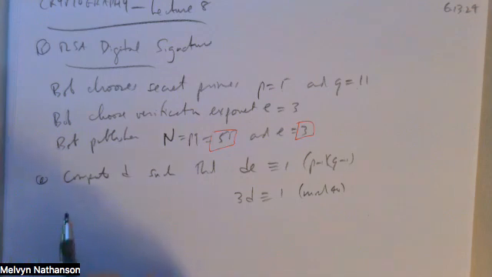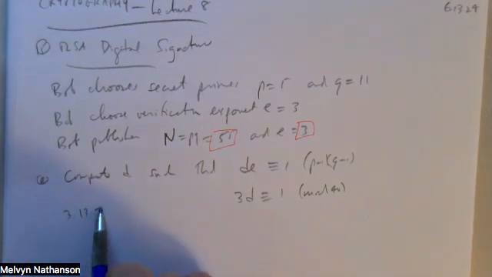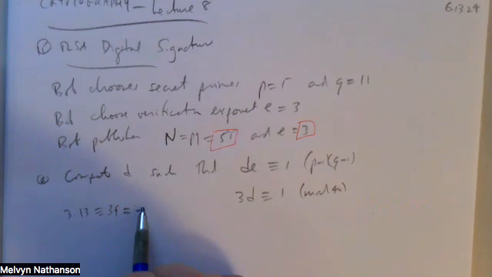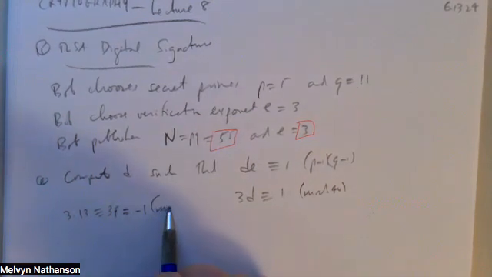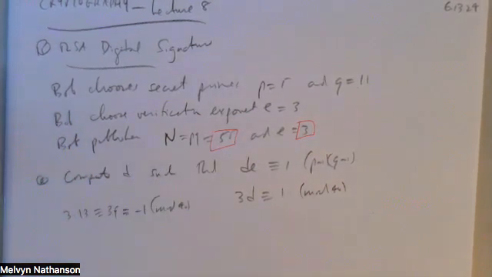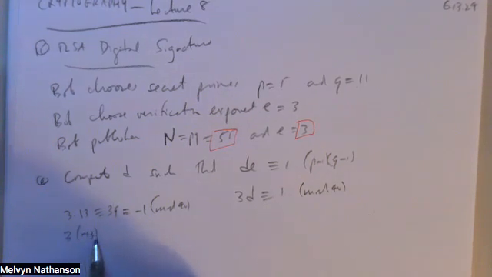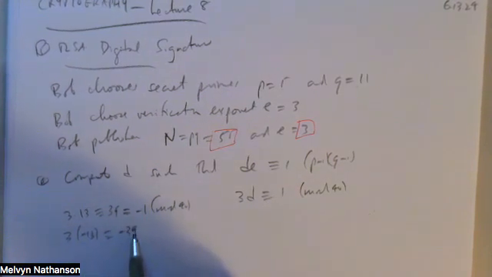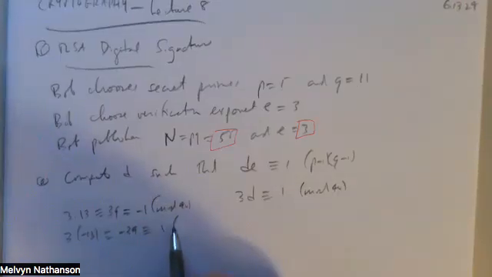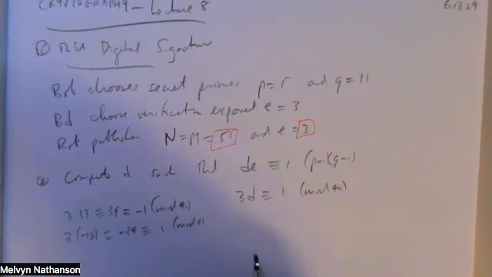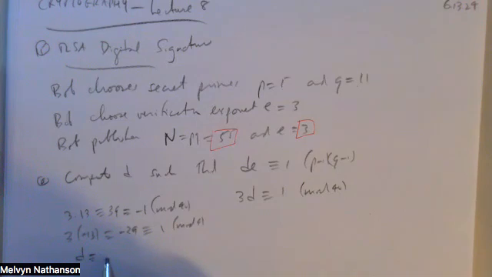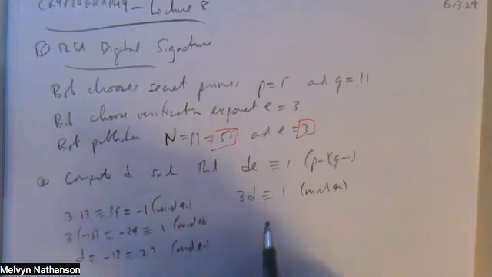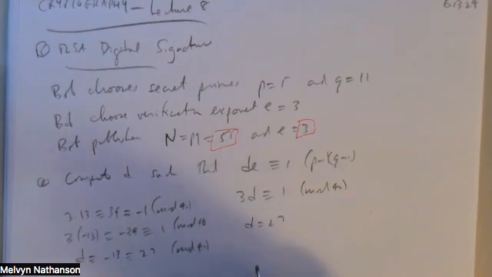I would just note that 3 times 13 is 39, which is minus 1 mod 40. So 3 times minus 13 will be minus 39, which is 1 mod 40. So d can be any number congruent to minus 13, and if we like positive numbers, we would pick 27 mod 40. So d equal 27 works.